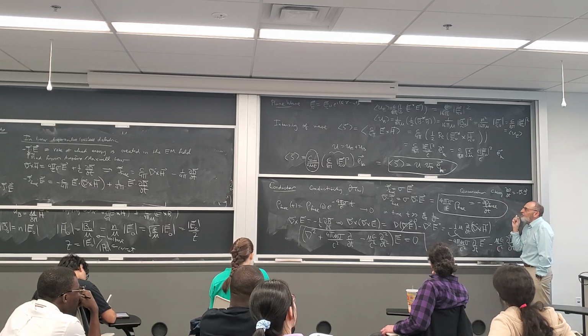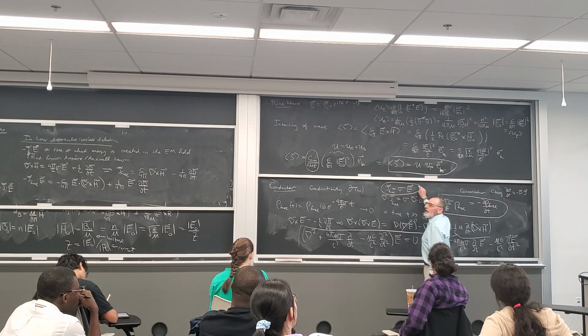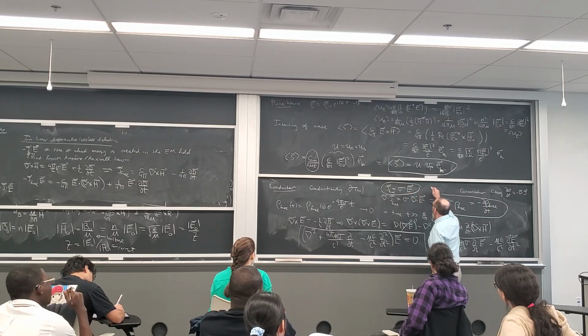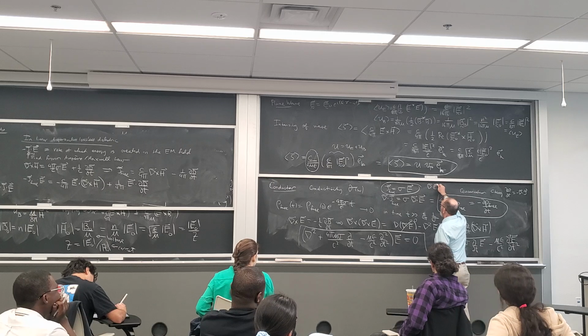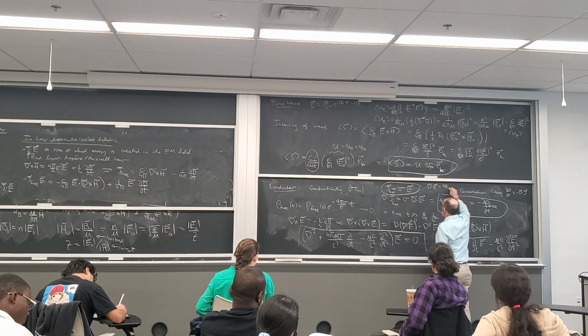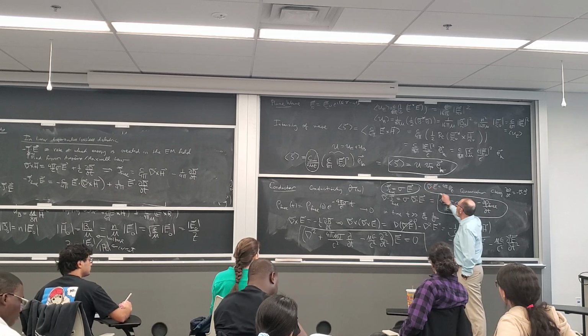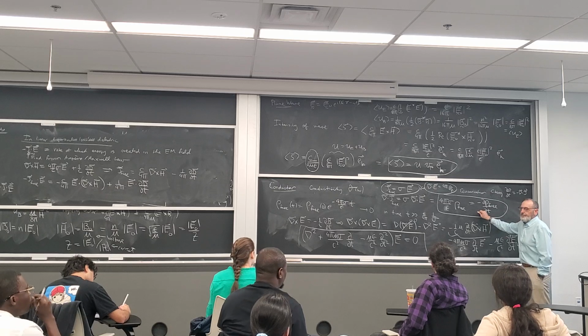But for the specific case we're looking at, the current is related to the field in this way, and the field is related to the charge density in that way. And these things together give us this constraint.